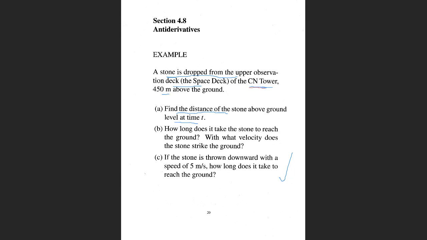How many think that's of interest to find? Sure, that's of interest, of course. Part B, how long does it take the stone to reach the ground? With what velocity does the stone strike the ground? Do those sound like interesting questions too?